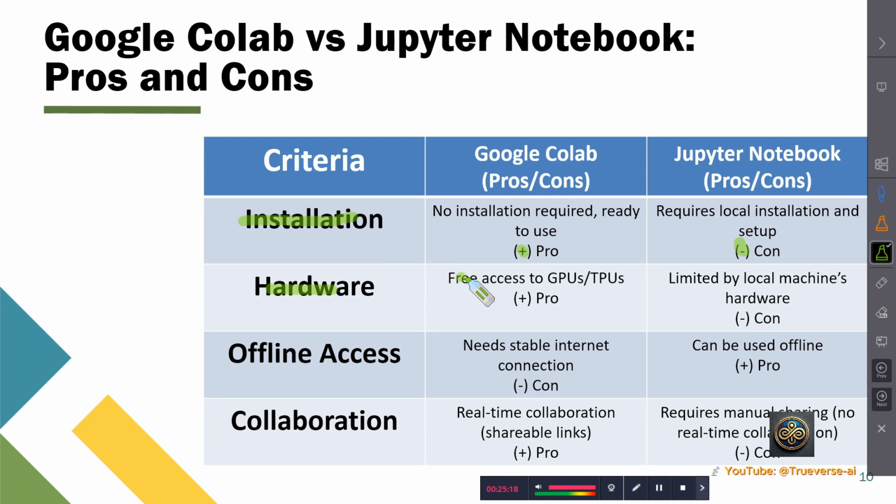Hardware: free access is good. But for Jupyter you need to buy a good machine with plenty of memory. Offline access: you cannot with Colab. This is the negative point. But with Jupyter, because you have a desktop, it is okay. Collaboration: Colab has real-time collaboration, but Jupyter requires manual sharing, no real-time collaboration.